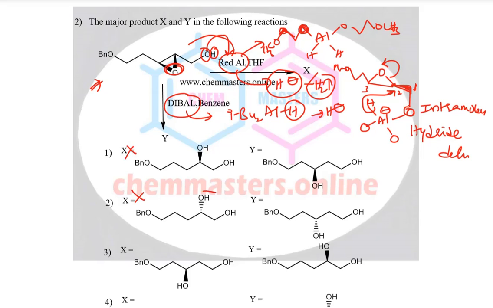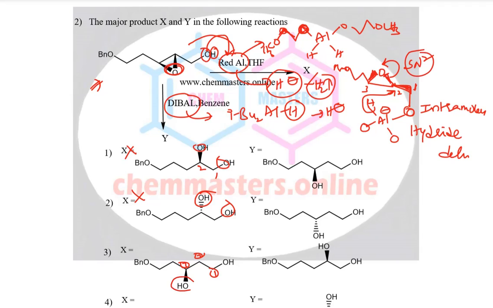These two are wrong because two hydroxy groups are at 1, 2 position. Two hydroxy groups must be at 1, 3 position. Okay, so 1, 2, and 3. And as we said, the epoxide hydroxy group should be with a thick line because the epoxide is above the plane and this attack is also SN2 type.